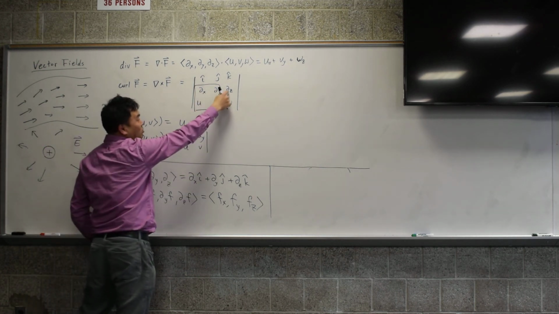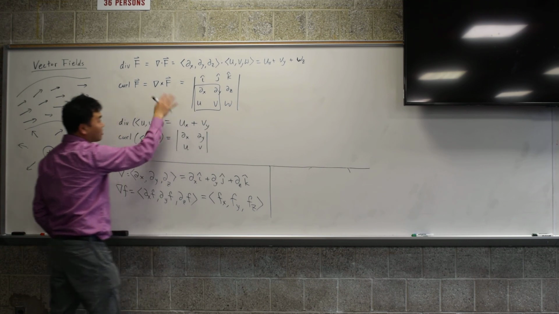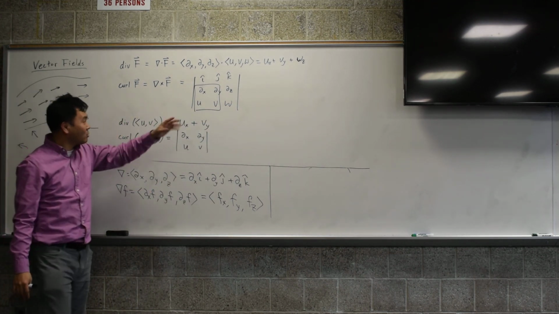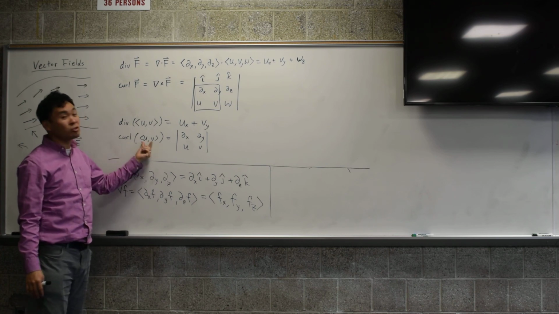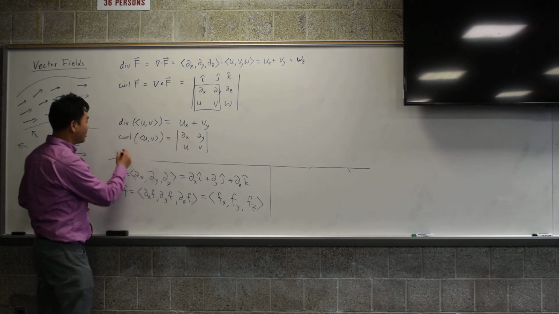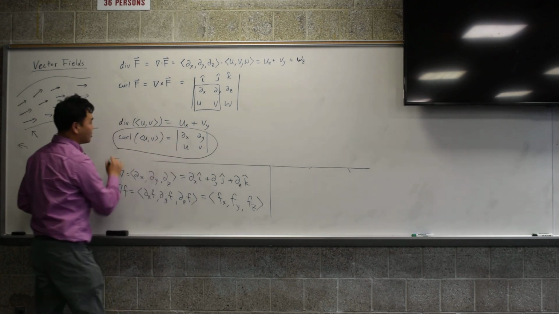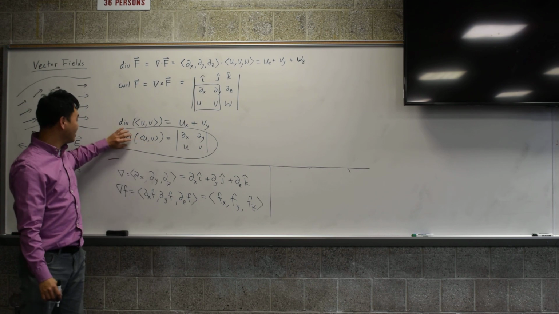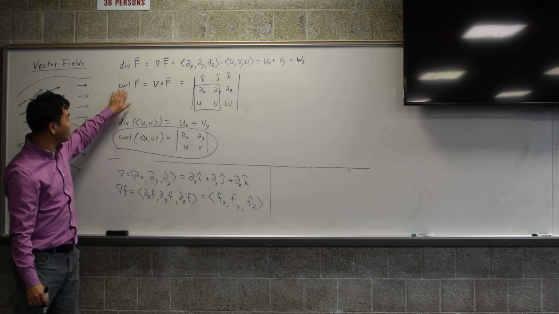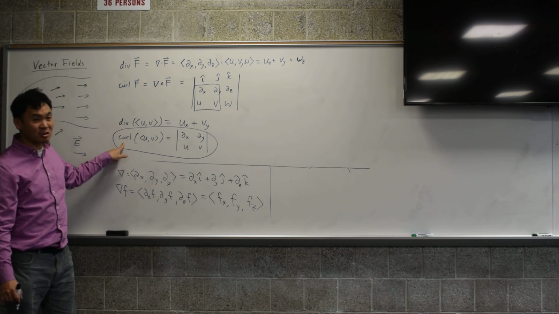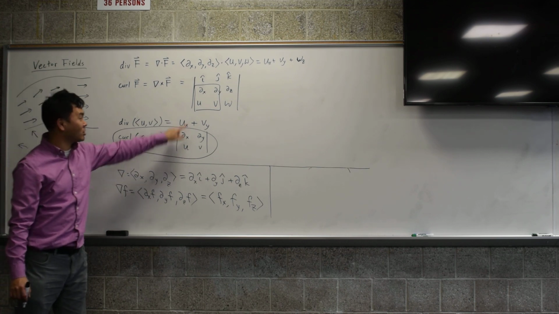We can't do round z and w because it's two-dimensional, so you only have u and v and x and y. Usually, this is not called the curl; if people say curl, it means the 3-dimensional one. But I will just call this the curl because it actually comes from that one.